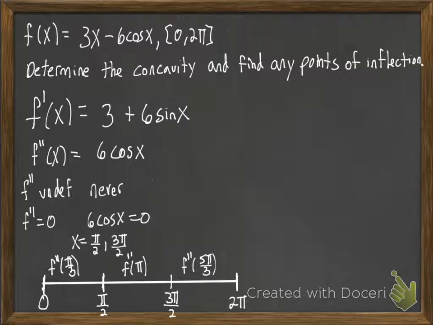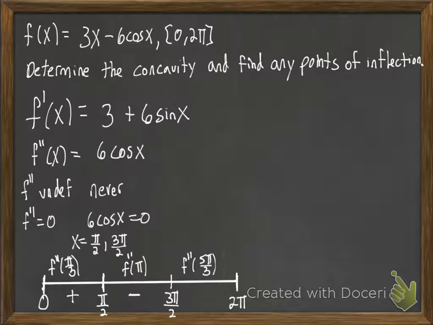Well, for 6 cosine x, 6 has no effect. Cosine of pi over 3 is 1/2, so 6 times 1/2 would be 3, meaning we're positive here. Cosine of pi is -1, times 6 would be -6, so we're negative here. 5 pi over 3 is in the fourth quadrant.